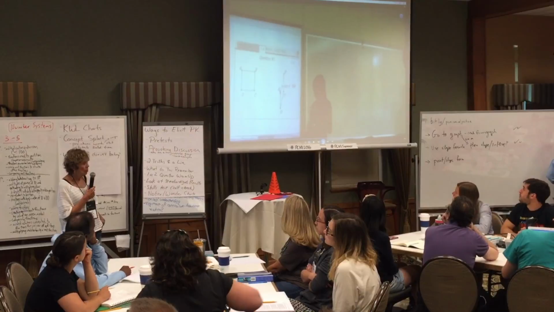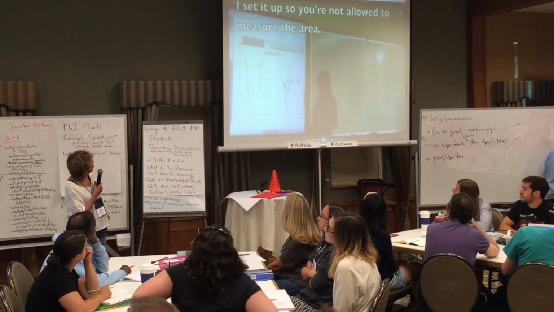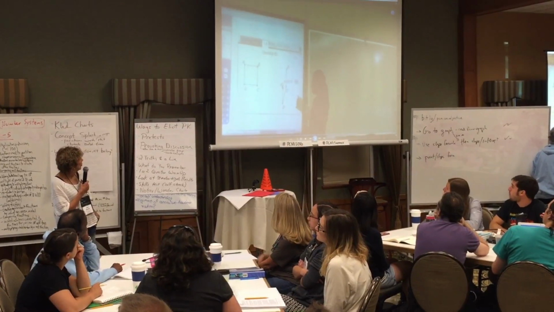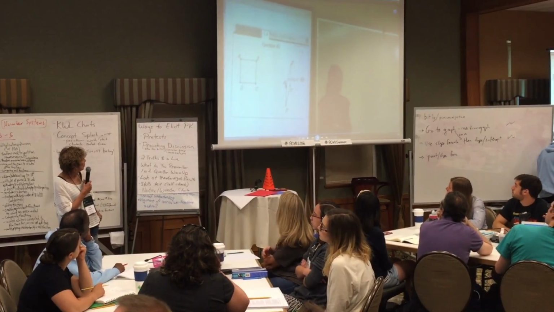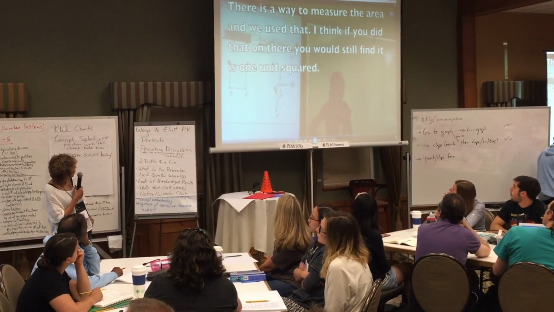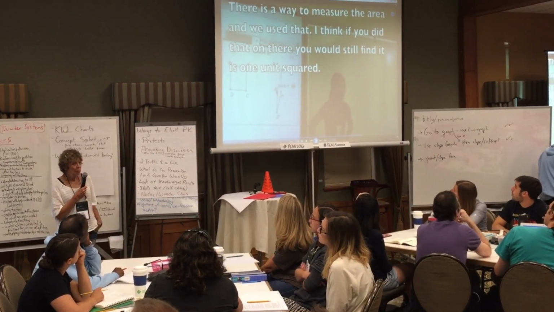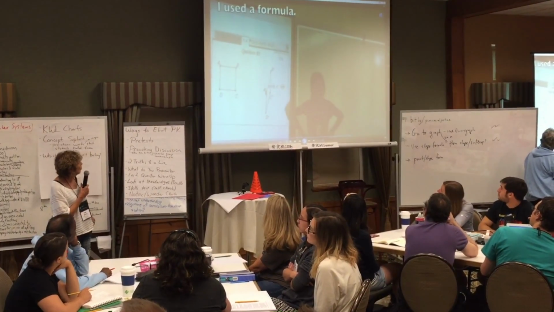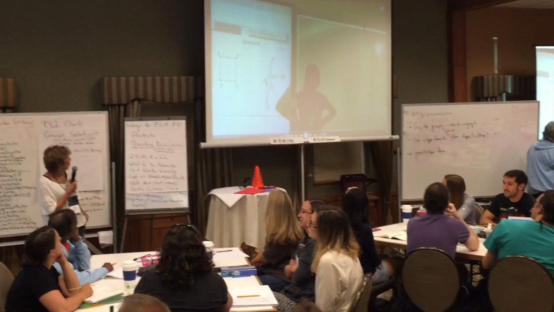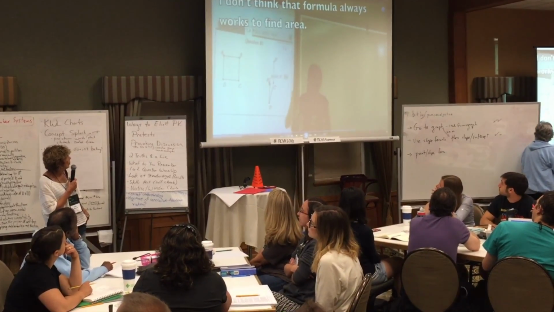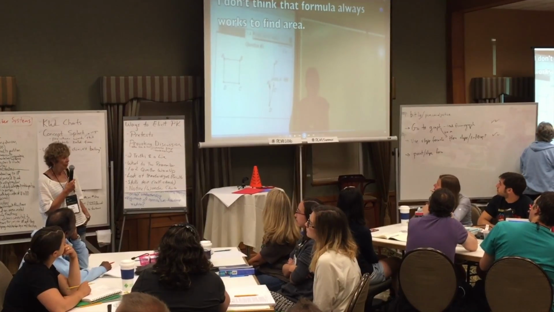You're not allowed to measure the area. I set it up so that you're not allowed to measure the area. Wait, we got a question now. There's a way to measure the area, we use that, and I think that if we did it on there, we would still find that it's one. How did you measure the area? I used the formula. But sometimes it doesn't. I don't think that formula always works to find area.